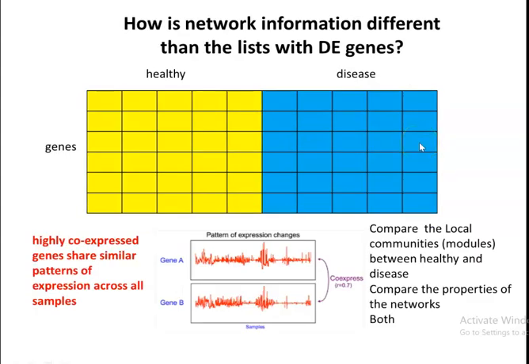If we would like to take the same data and identify co-expressed genes in this data, we have several options. We can take the healthy and the disease samples all together and look for co-expressed genes, or we can separate the disease samples and the healthy samples and look for co-expressed genes in either of those.